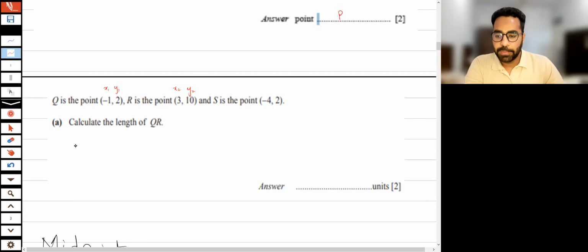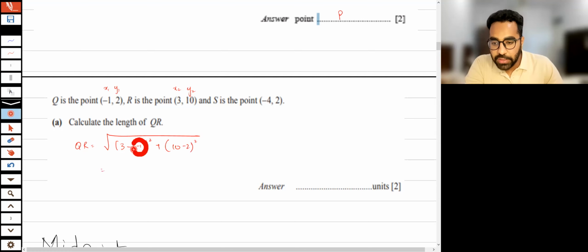So I will get the distance of QR. I write QR equals to under root (x2 minus x1) whole squared, so 3 minus (-1) whole squared plus (y2 minus y1) is 10 minus 2 whole squared. So 10 minus 2 whole squared. Okay. Whenever you get a negative sign, you have to make an extra pair of brackets because negative से multiply होके positive बनता है.